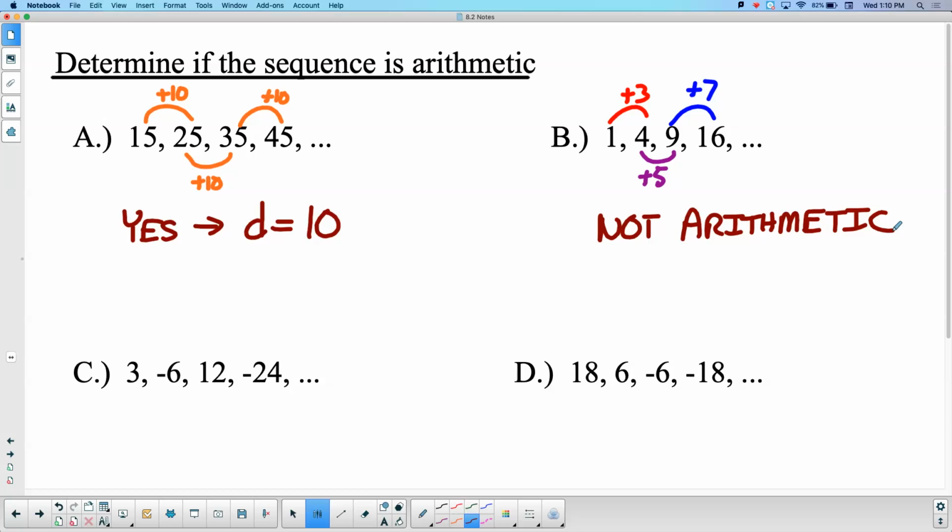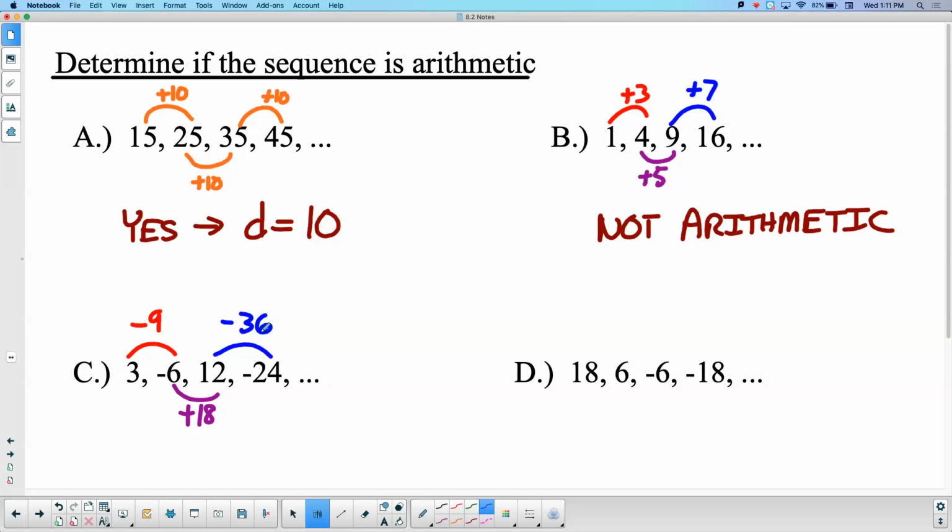I'm confused. You're adding -2 every time? So does that make it arithmetic? Okay. So it's not arithmetic because we got to look. So here we added -9. Here we added positive 18. Here we subtracted 36.